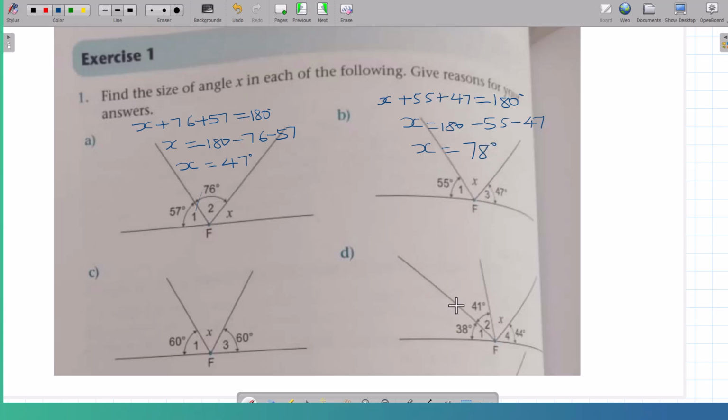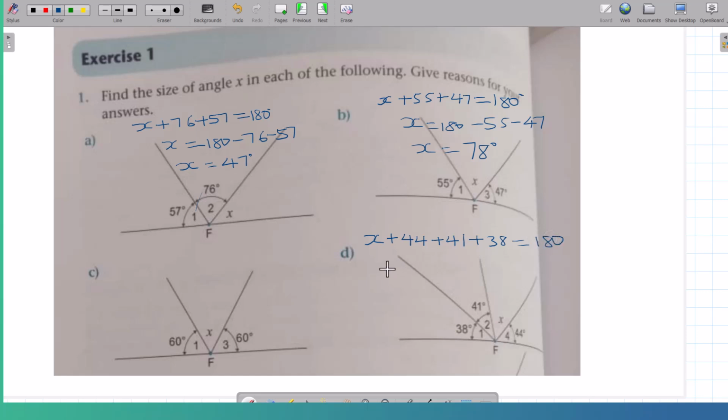Now, what about our D? Who can suggest what we're gonna say here? For D we're gonna say x plus 44 degrees, and then plus 41, and then plus 38, equals 180 degrees, ne?